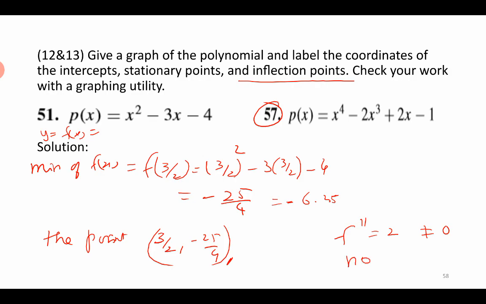So no inflection points. If the second derivative is positive, you will find concave up. If the second derivative is negative, you will find concave down, for the inflection points, isn't it? Okay, you will check it later. Now for this problem, there is no concave up or down. Let's go to 57.